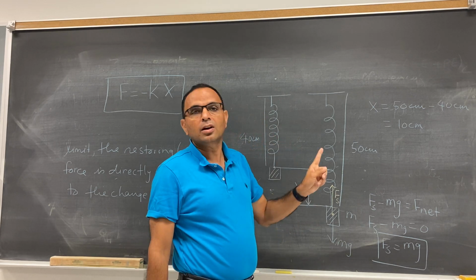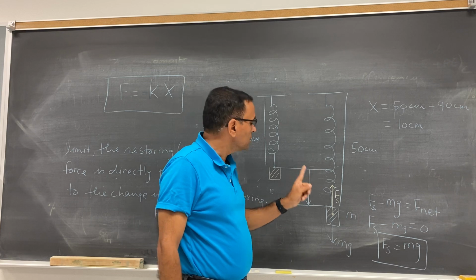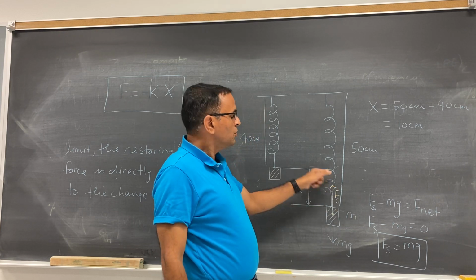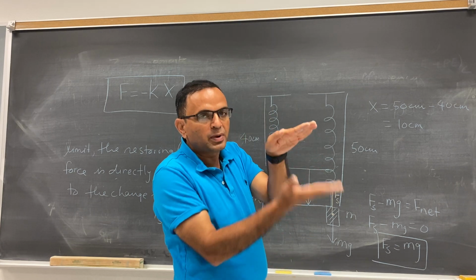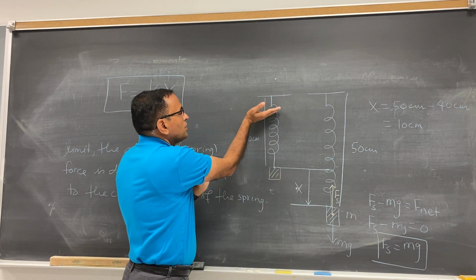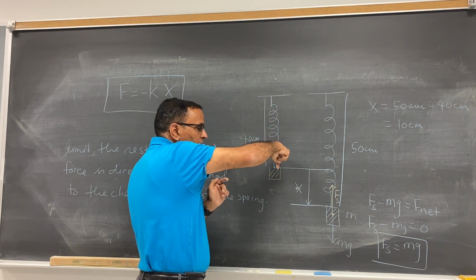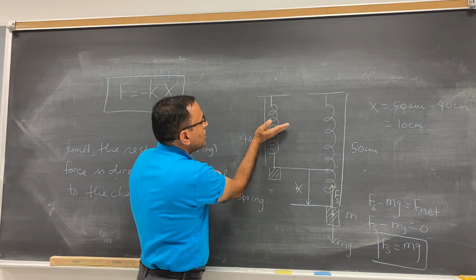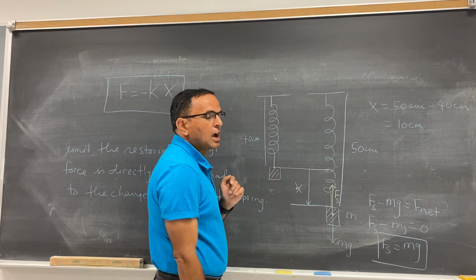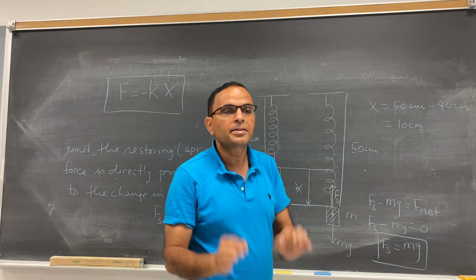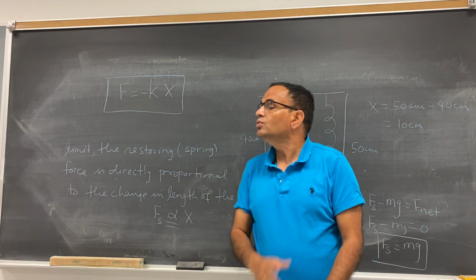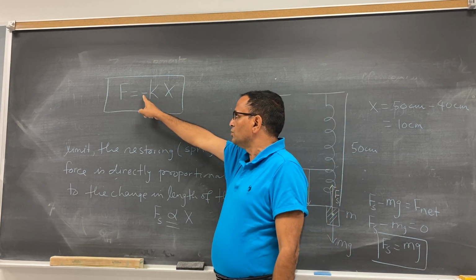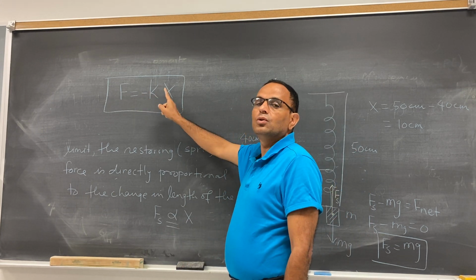Fs is not always upward, but Fs, the restoring force, and x are always in opposite directions. If you push the spring up, x is up and the restoring force is down. So Fs and x are always in opposite directions. To indicate that, you put the negative sign, and this is Hooke's law.